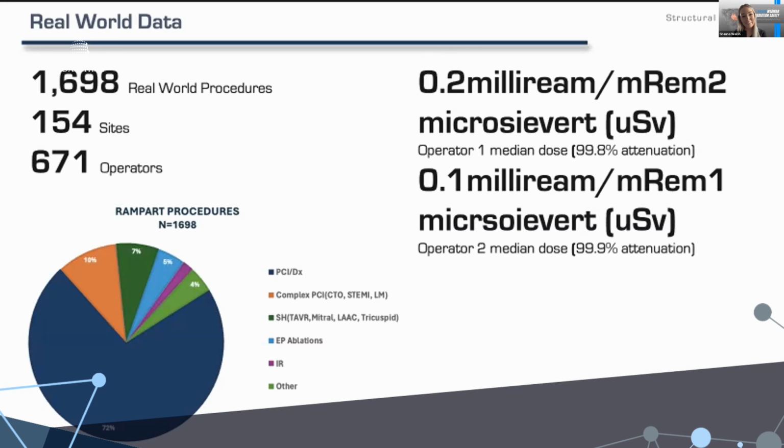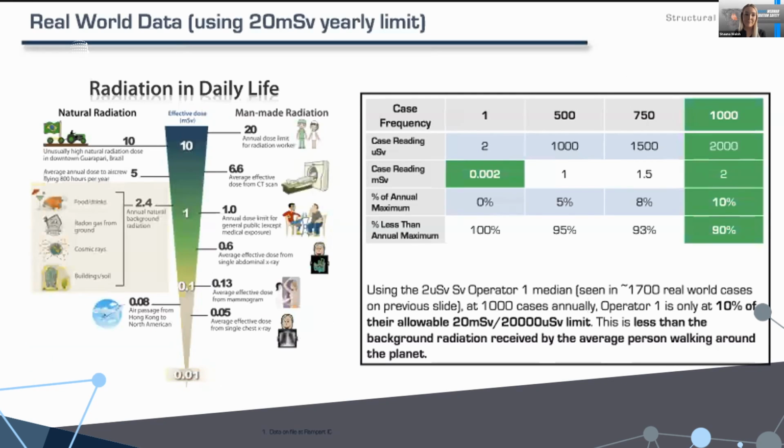So 0.2 millirem to microsievert is our average for operator 1 out of 1,700 real world procedures worldwide, 154 sites now and 671 operators.